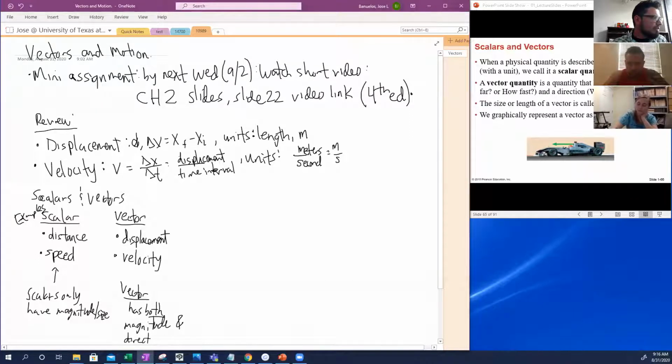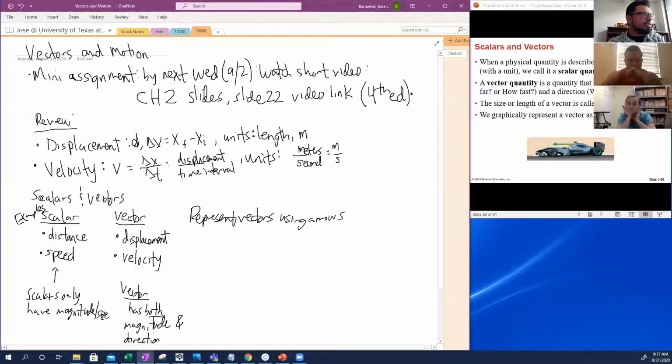All right, so those are the main differences. And because a vector has a magnitude and a direction, and actually the word vector is related to the word arrow, we're going to represent vectors using arrows.